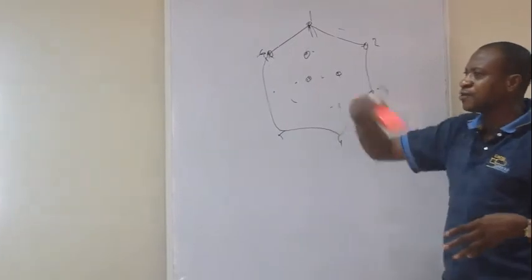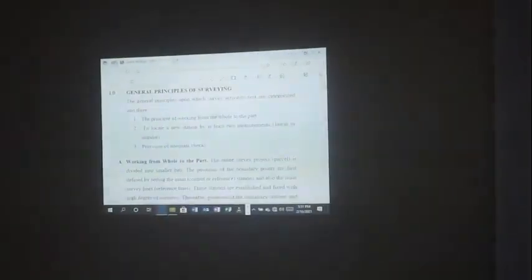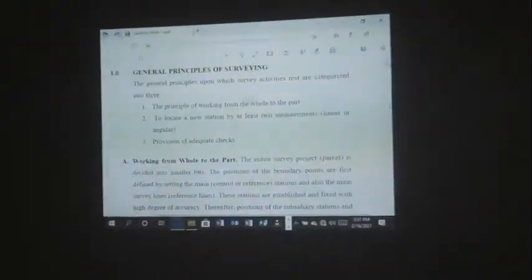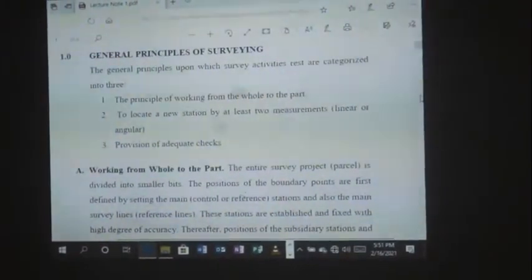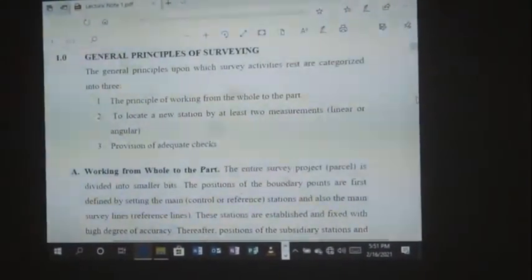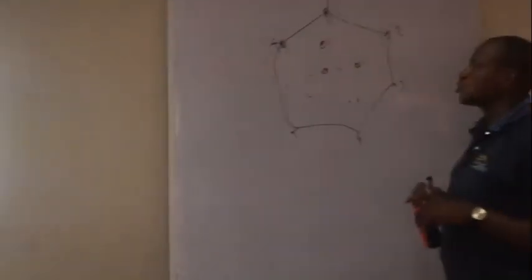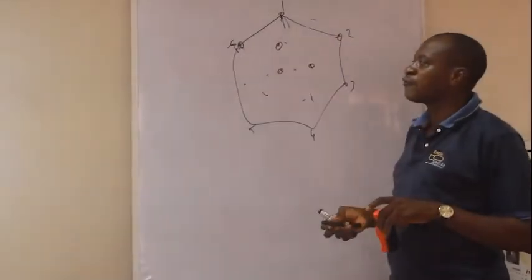So we have the boundary of Ife Central, then you have that of OAU. But if you pick that of OAU alone, and somebody else does his own work at maybe Ife Odo, and any other place, there will be problem, there will be complexity. So to avoid that, it is advocated that we start working from the whole to the parts.